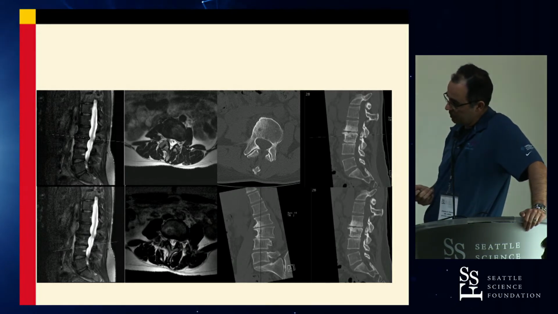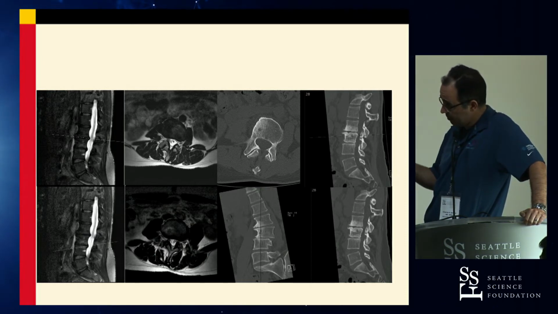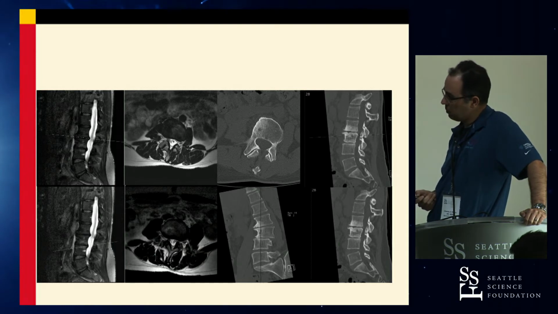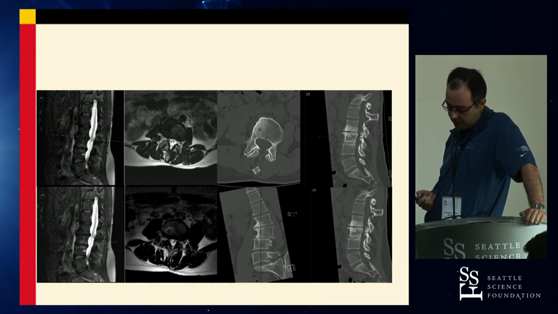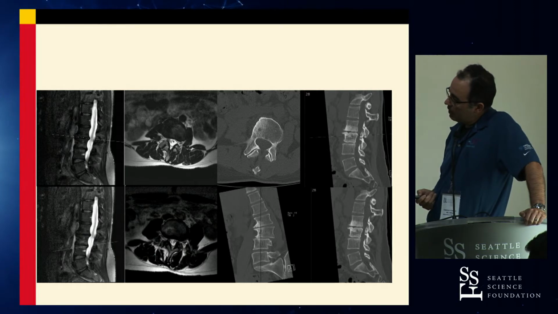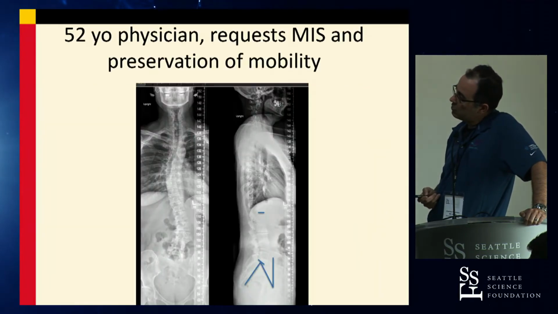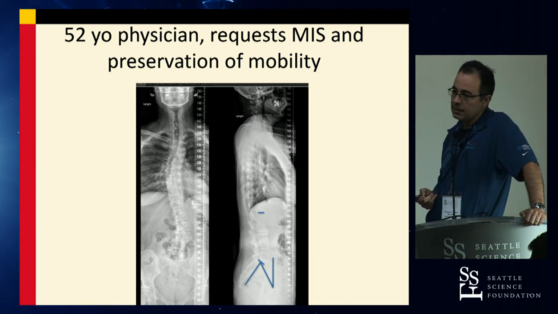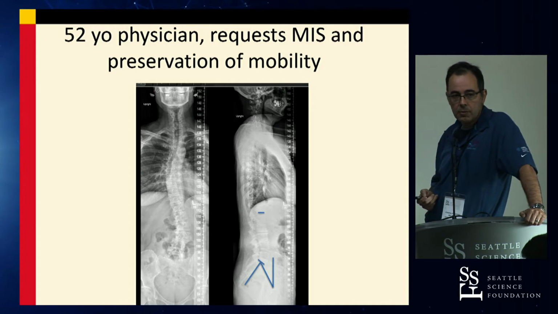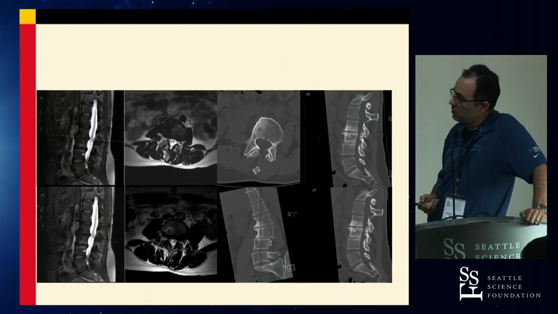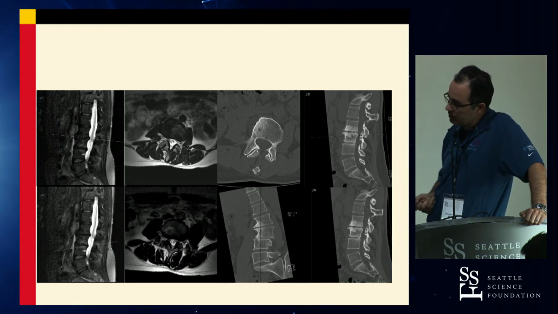She has a couple disc spaces that are pretty collapsed, with the scoliosis centering at those levels at L2-3 and L3-4. So overall, her sagittal alignment is not terrible. She's able to stand pretty straight, but primarily has a lot of back pain and has some associated radicular symptoms secondary to the wedging of these disc spaces.